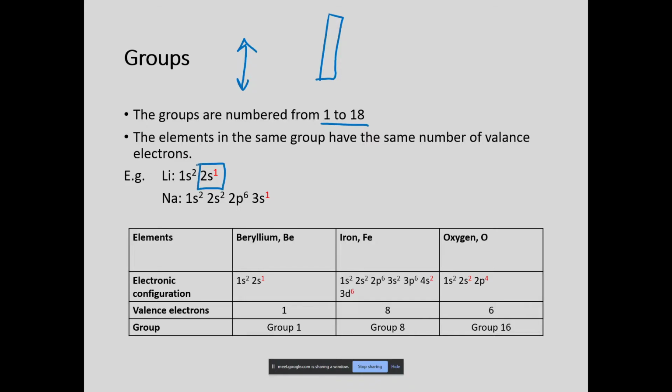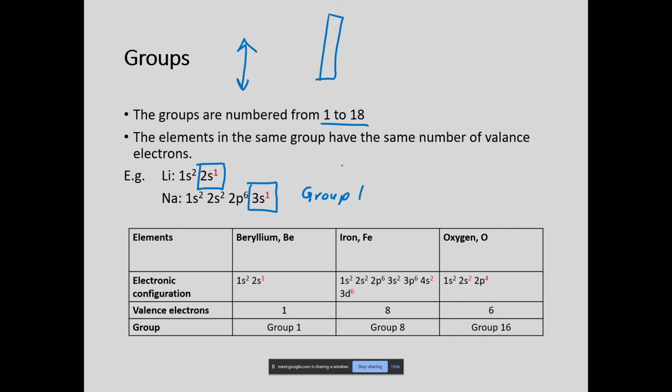So, kalau you guys tengok macam tadi, cara nak tengok valence electron, tengok the highest principal quantum number. So, this is the valence electron. Kalau you guys tengok, the valence electron, dia ada 1 elektron. Ni pun ada 1 elektron. So, maksudnya dia adalah group 1. Getting along so far? Group 1 maksudnya dia ada 1 valence electron.